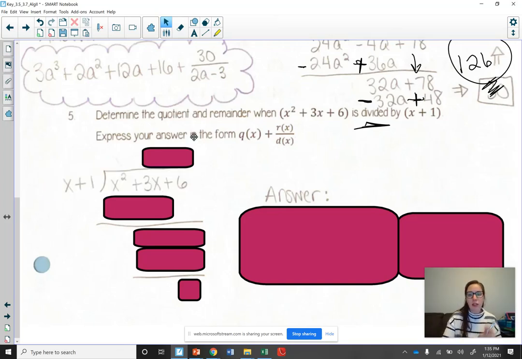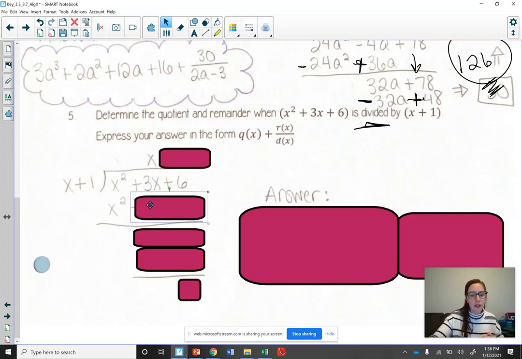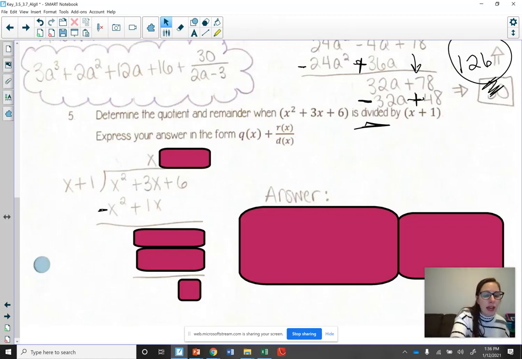So we start with the numerator in this case. This is being divided, and what's being divided by goes on the outside, right? Okay, x squared divided by x is x. Distribute, you get your x squared, which we know x times 1 is x, or 1x, okay? Subtract, so it had a plus sign, so we get to change it to a minus.